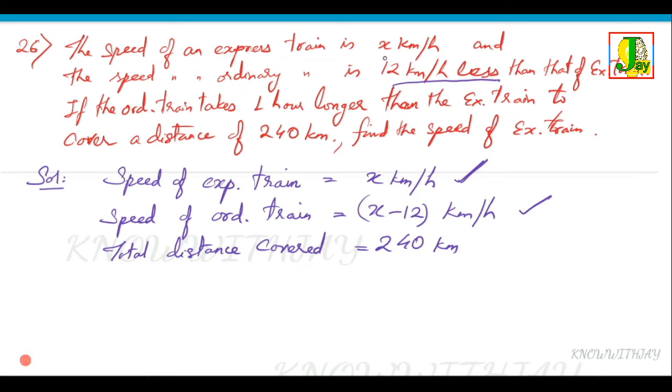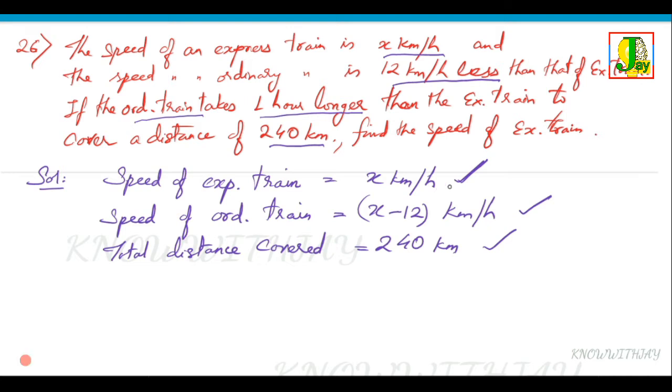The total distance between the two stations is 240 kilometers. There is one more condition: the ordinary train takes 1 hour longer, so the time taken by the ordinary train is 1 hour more than that of the express train.